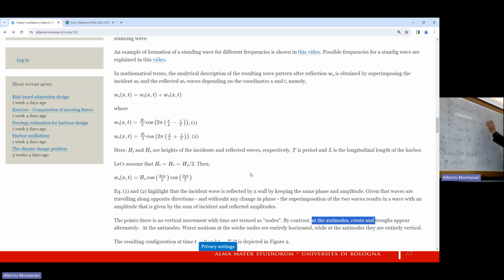Or, which is the same, the time should be t half.